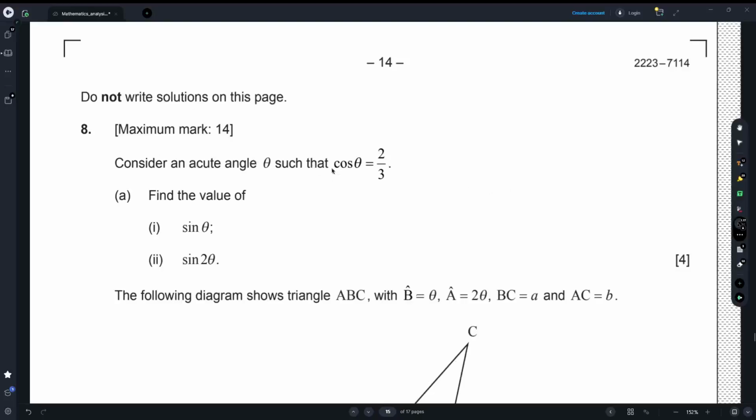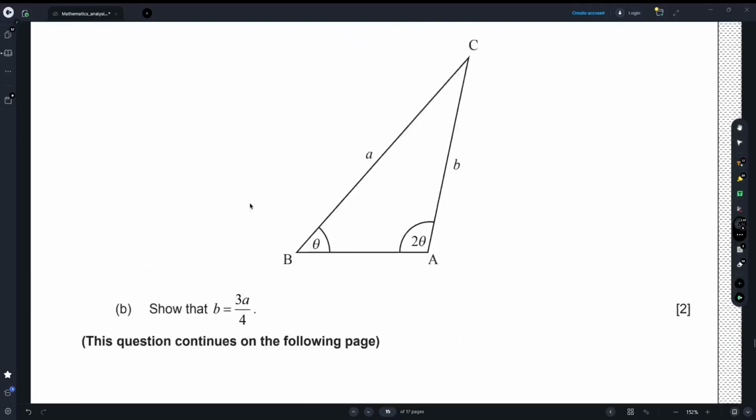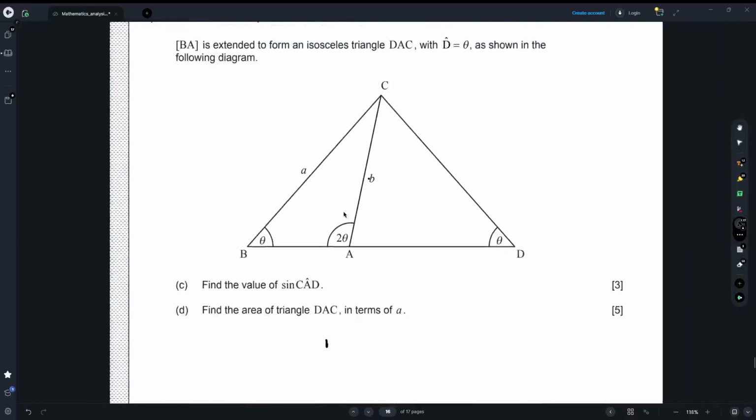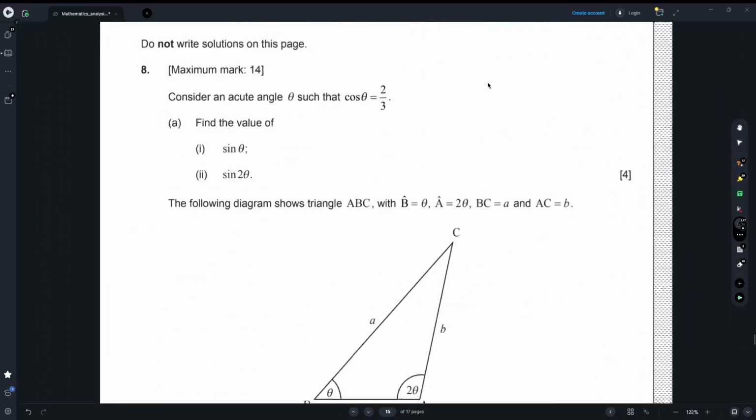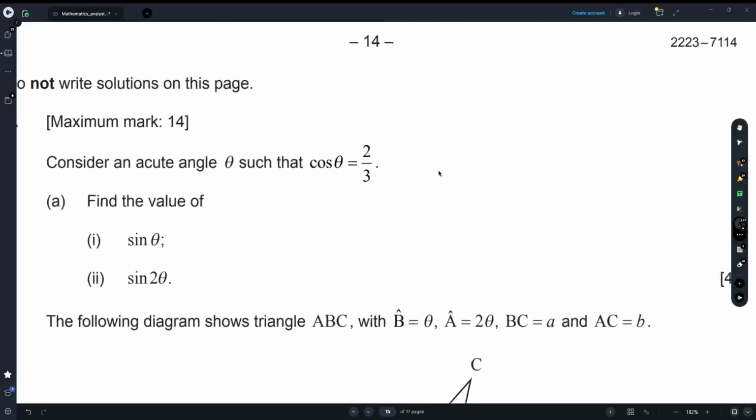Alright, so for question 8, they ask, consider an acute angle theta such that cosine theta is 2/3. Find the value of sine theta and sine 2 theta. Then they want us to show some identities for this triangle here and solve in this triangle here. So for part I, we'll do it here.